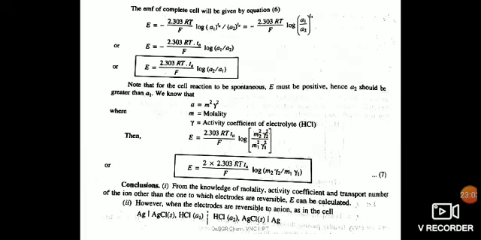The EMF of the complete cell will be given by equation 6: E equals minus 2.303 RT by F into log of a1 raised to power Ta divided by a2 raised to power Ta, which equals minus 2.303 RT by F into log of (a1 by a2) raised to power Ta.